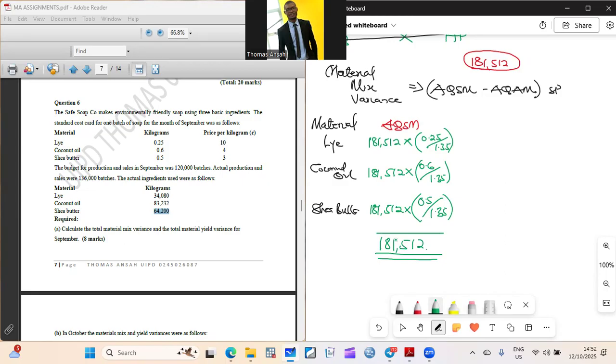I want you to finish your point, then I will explain why we are doing it this way. We are taking some mixes of the total quantity.